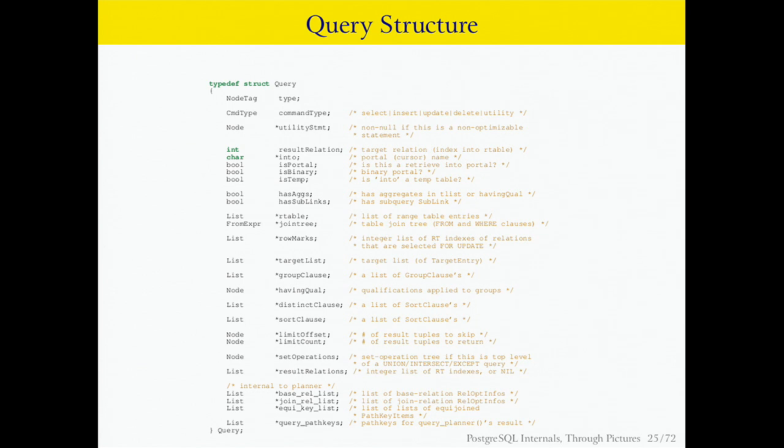A range table is actually a phrase that comes from the time when we had Quel. In Quel, you would say range of X, range of table is A, or you would actually use the word range. A lot of the stuff internally to Postgres is related to relational algebra, so more formal mathematical proofs.